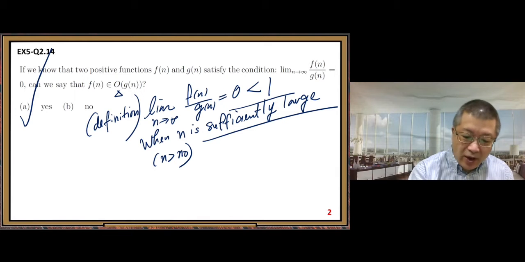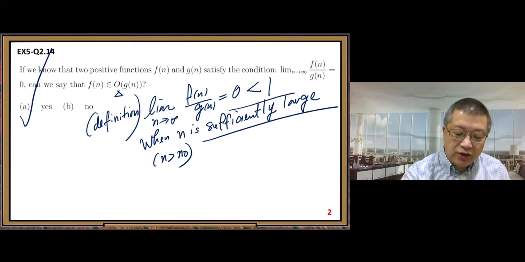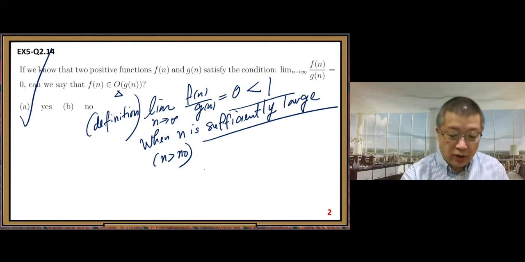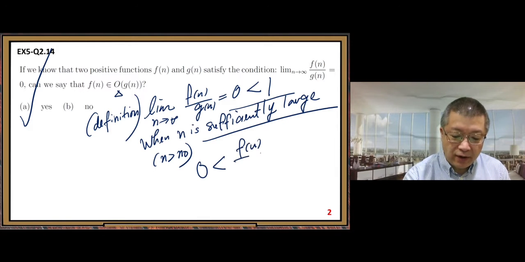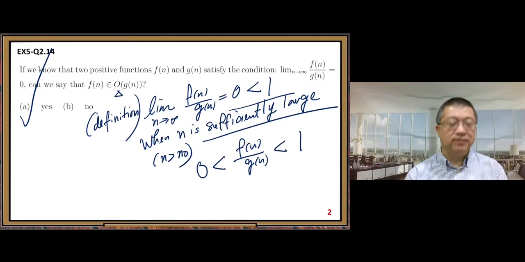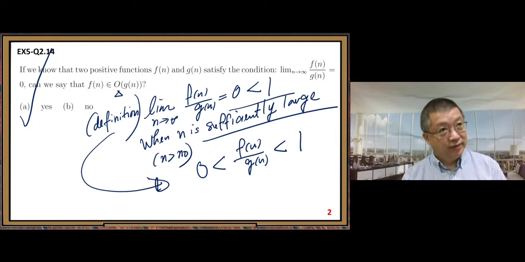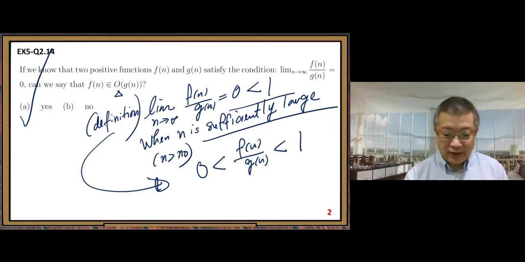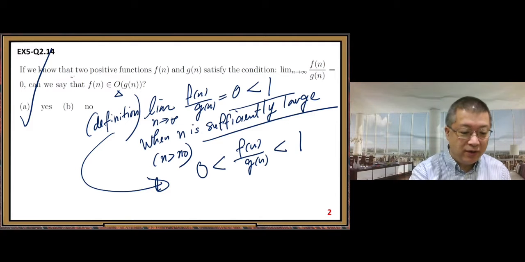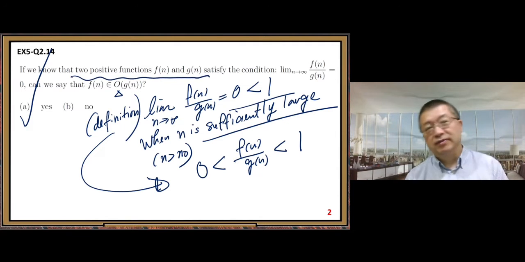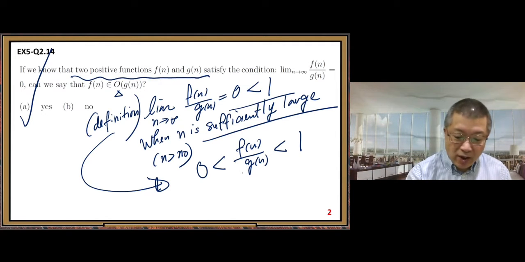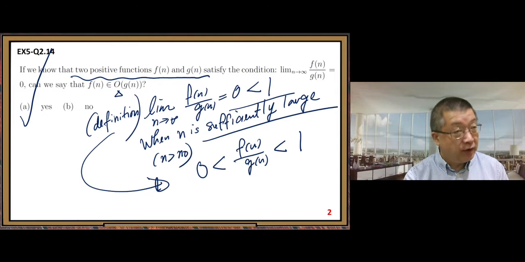When n is sufficiently large, first we know these are two positive functions, and f of n over g of n is less than 1. That's the limit definition. Remember, two positive functions. Then we multiply both sides by g of n, the denominator.